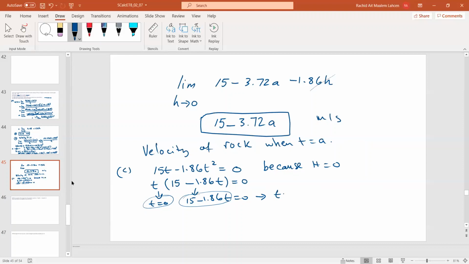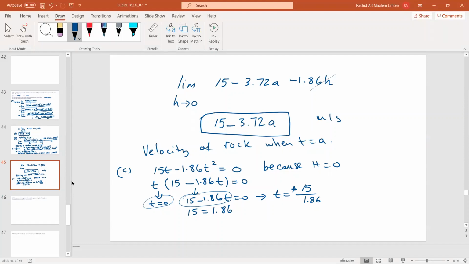So we'll solve for this, and t will equal 15 over 1.86. It's still going to be positive here, because time has, of course, to be positive.